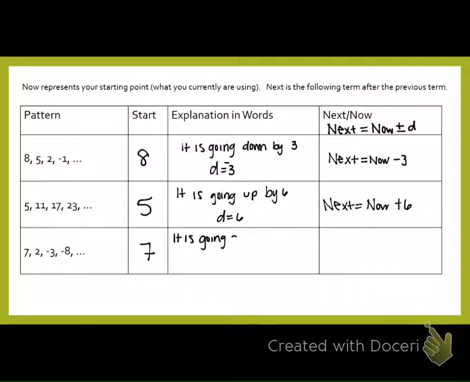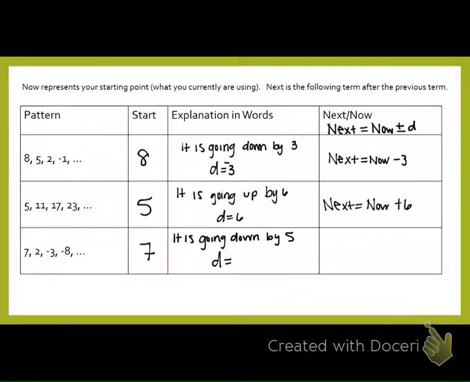Very good. So your common difference is? Josh, what is your common difference? 5. Not just 5, but? Negative 5. There you go. So, Miguel, next equals now? Minus 5.